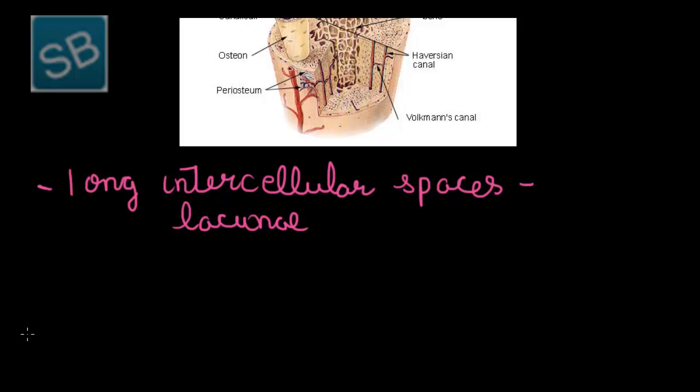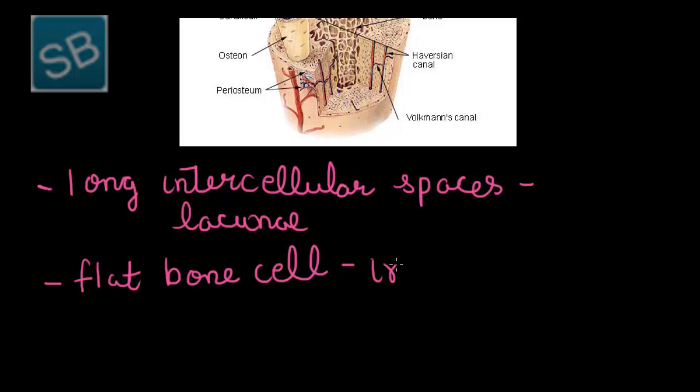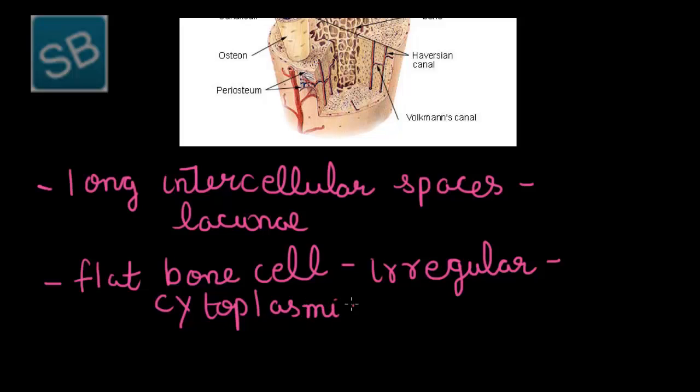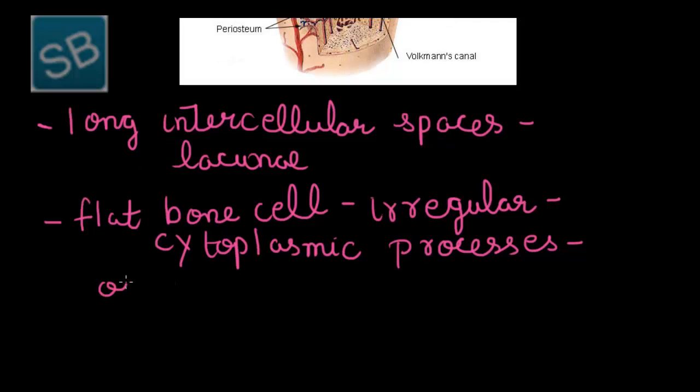Within lacunae, a flat bone cell occurs which is irregular in shape and has cytoplasmic processes. This cell in the lacunae is called an osteocyte or flat bone cell.